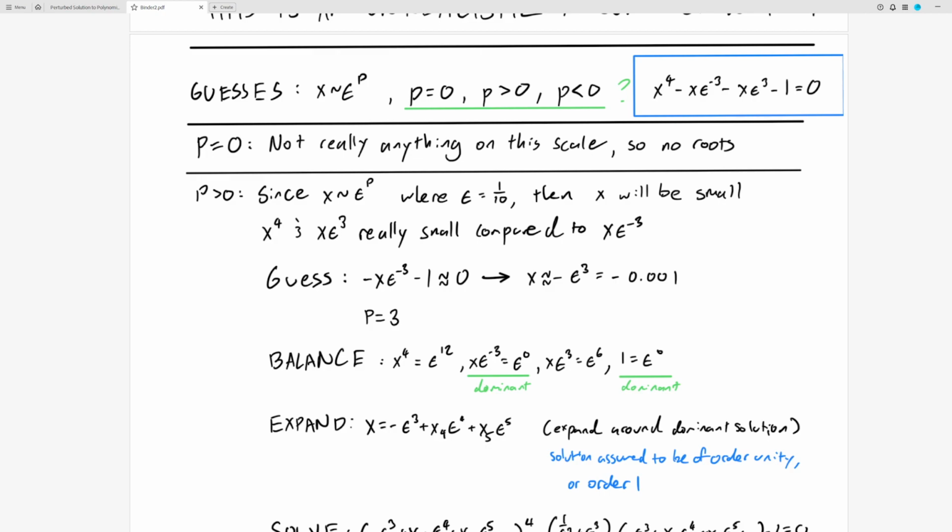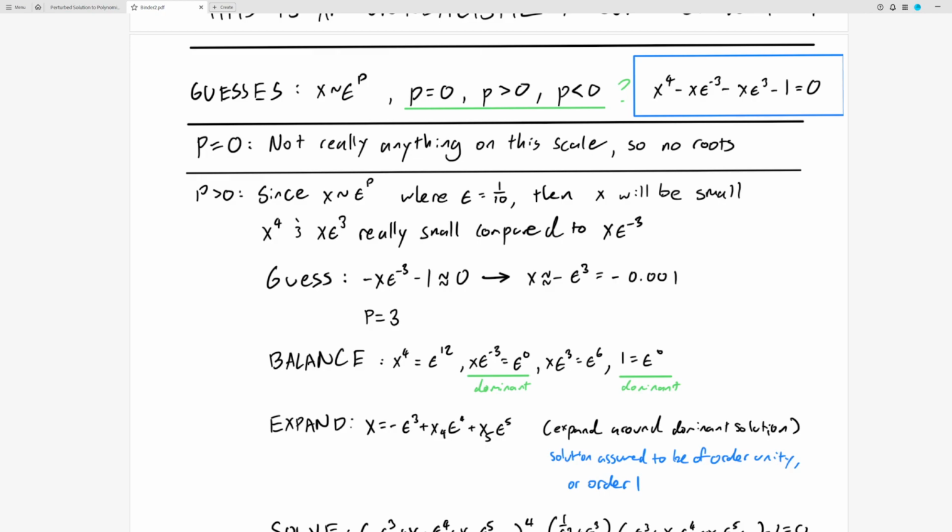Now we want to set p greater than 0. If p is greater than 0, then that means epsilon is going to be very small, or x is going to be very small. Because if x is on the order of epsilon to the p, then it's going to be at least 1 over 10.